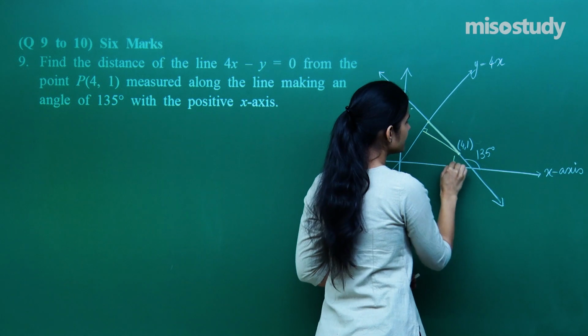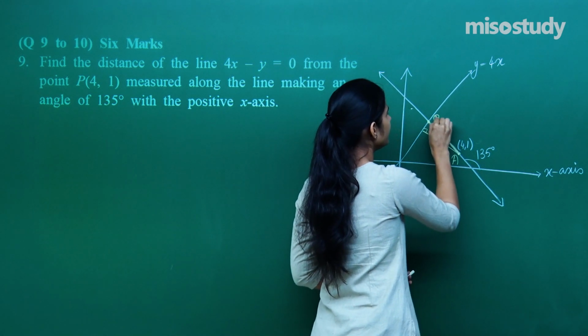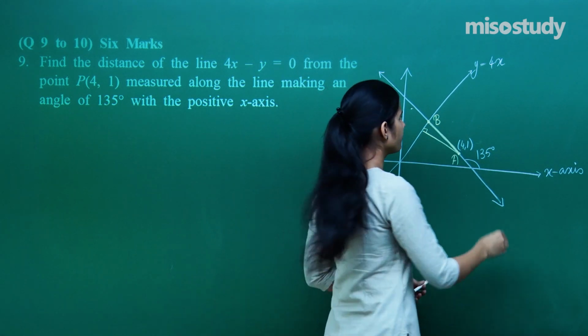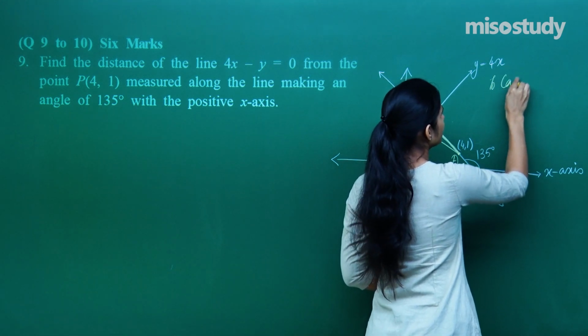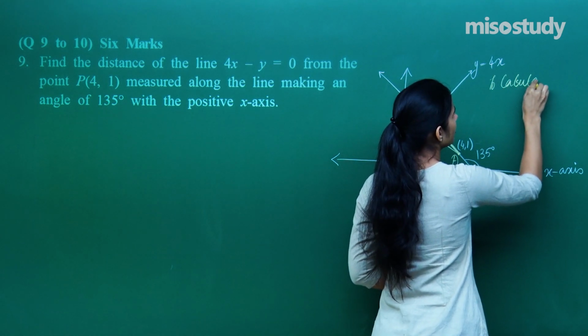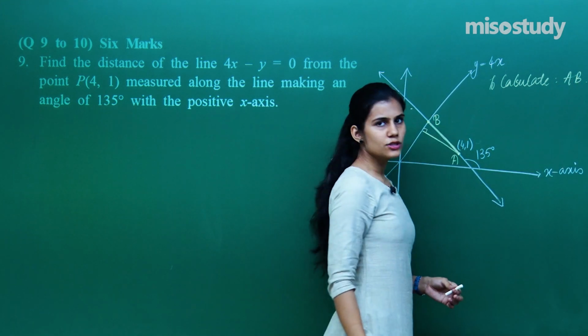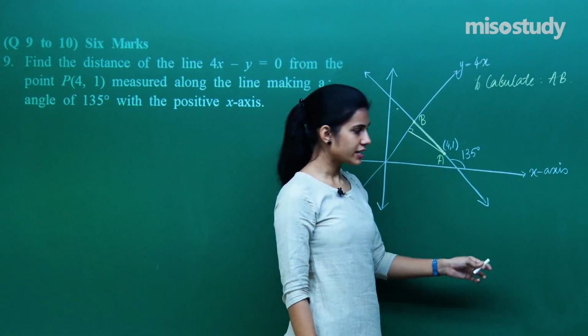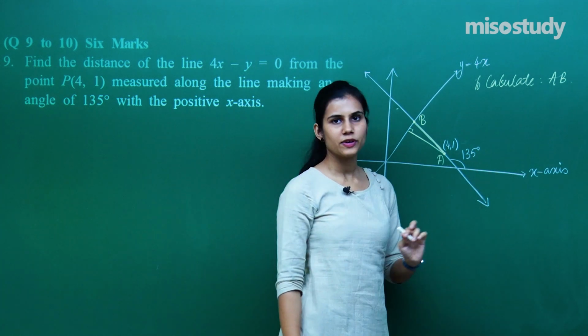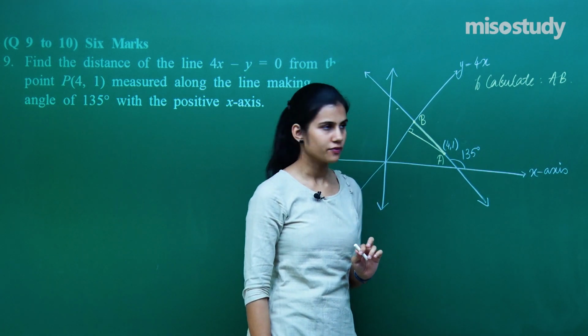So if this point is A, this point is B, I need to calculate the length of AB. AB represents the distance of 4, 1 from y equals 4x, but along this line which makes 135 degrees angle with the positive direction of x-axis.